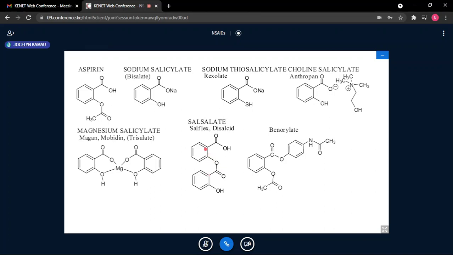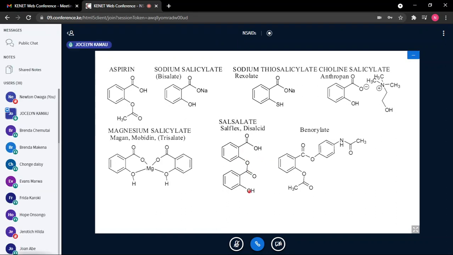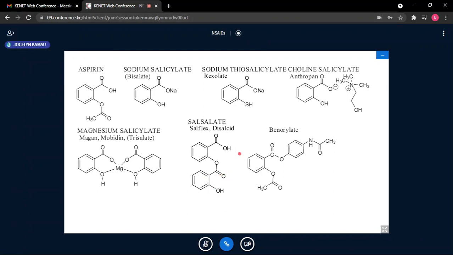So salicylate is where you have esterification. You have that hydroxyl group of one salicylic acid undergoing esterification with the carboxylic group of another. So that's salicylate. Again, when it gets into the body, it is hydrolyzed to give us 2 salicylic acid. Then you have benorate.